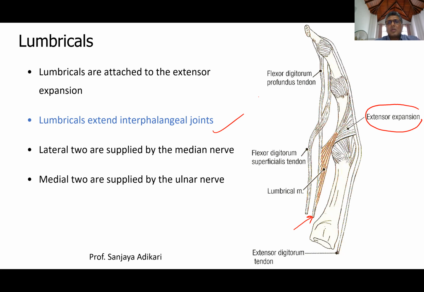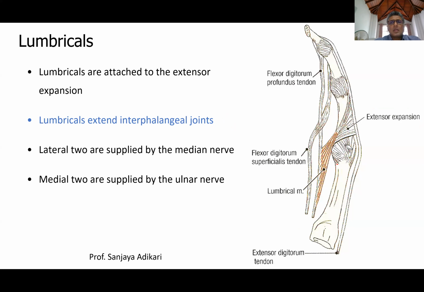But I personally feel that since they are attached to a structure at the back of the finger, when they contract, they will definitely flex the metacarpophalangeal joints as well. So when I discuss lumbricals and interossei, I take them together and say that they flex the metacarpophalangeal joint and extend the interphalangeal joint. Textbooks sometimes only say that they extend the interphalangeal joints, which is not the case. Practically, they will flex the metacarpophalangeal joints as well.